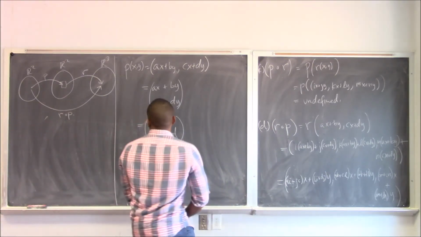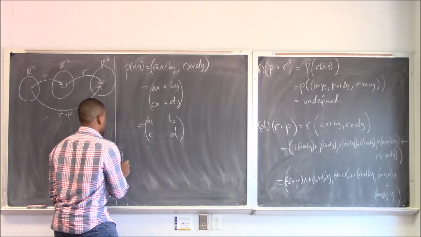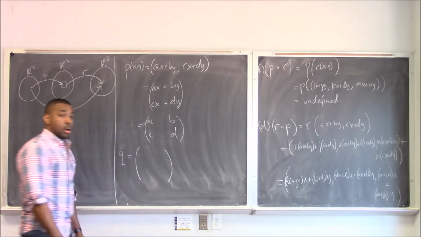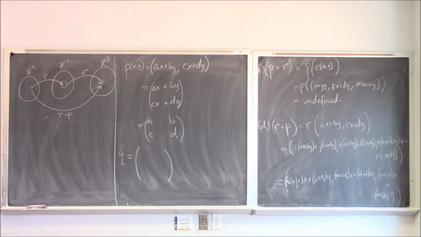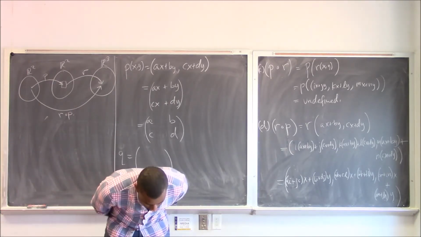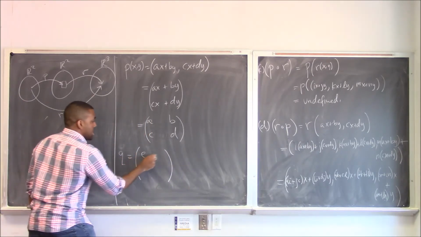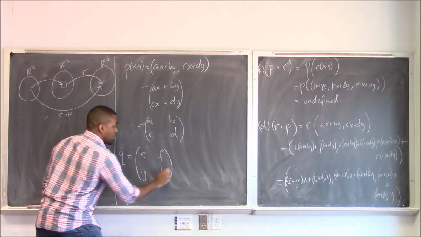In other words, the next function, q, how could I write that in a compact form? My q was, I don't remember what I said, ex plus fy. So that was e, f, g, h.